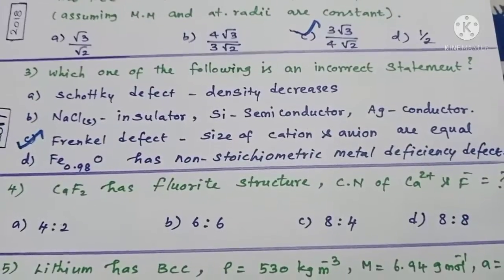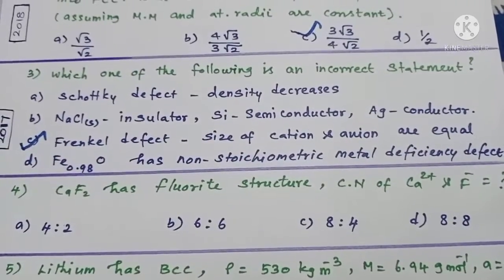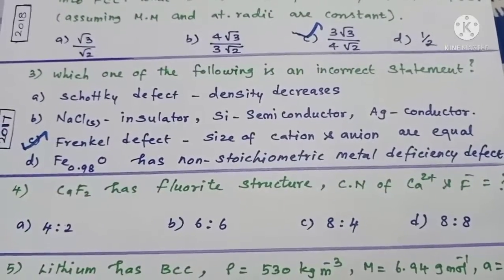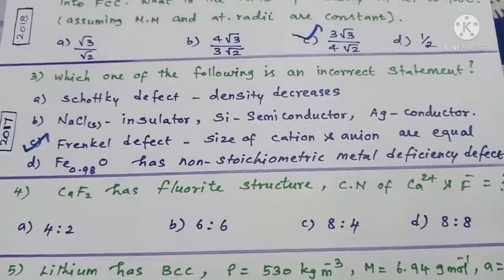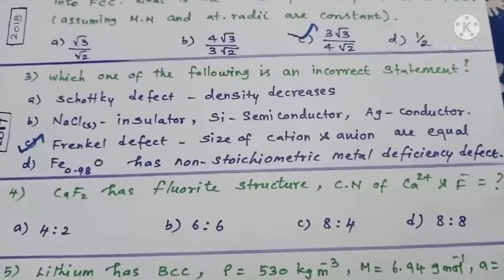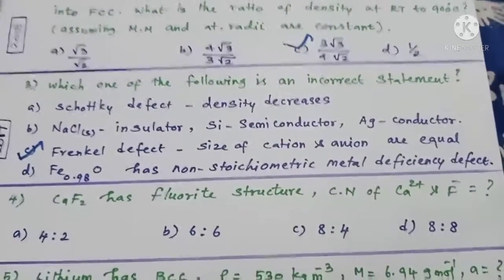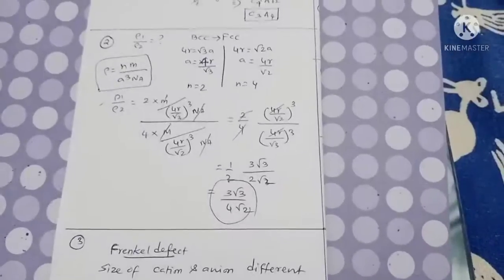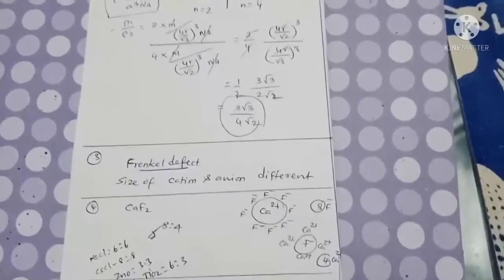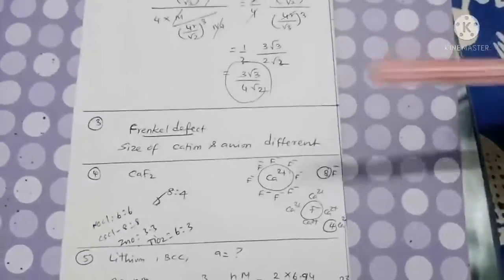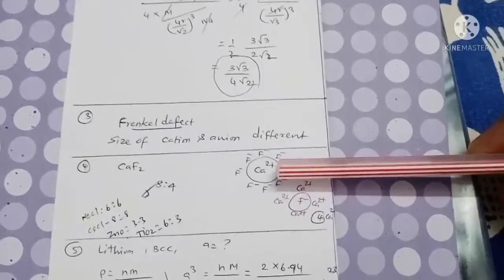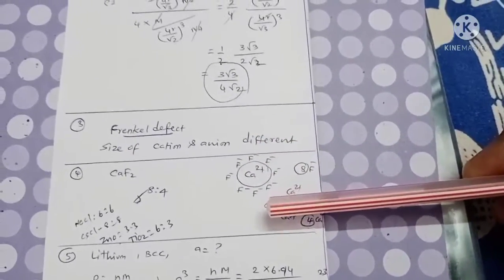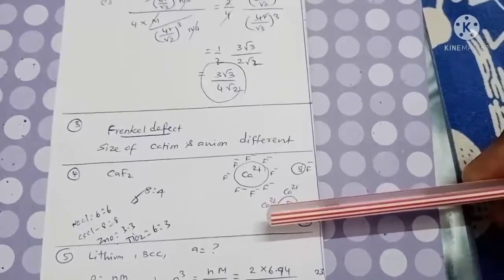So now you have to find out how many nearest fluoride ions that Ca2+ has as well as how many nearest calcium 2 plus ions that fluoride ion has. Now when we look at the structure of calcium fluoride, 8 fluoride ions are surrounding each calcium 2 plus ion. Look at the structure. Here you can see that Ca2+ ion is surrounded by 8 fluoride ions, isn't it?